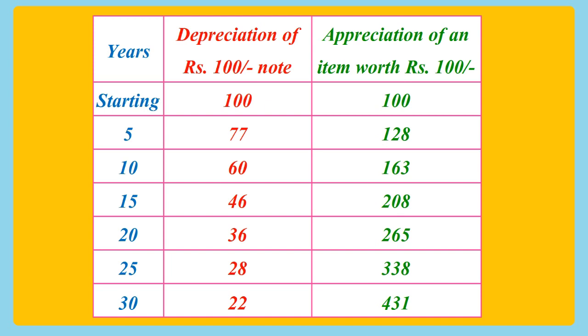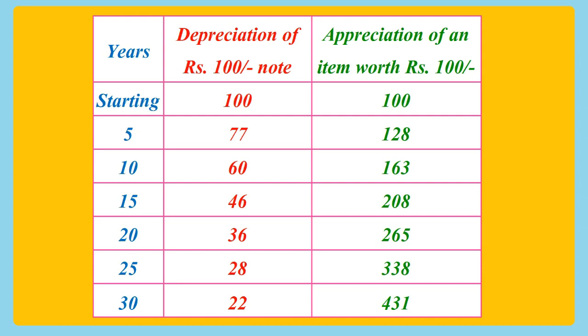That is, the value of the commodity from 100 rupees becomes 128 rupees after 5 years at 5% inflation.